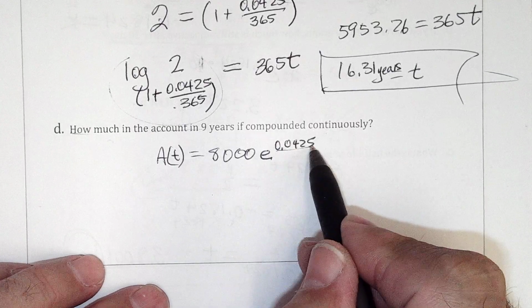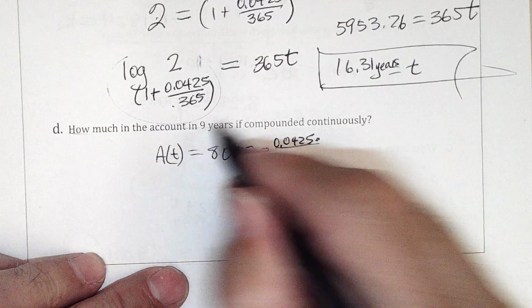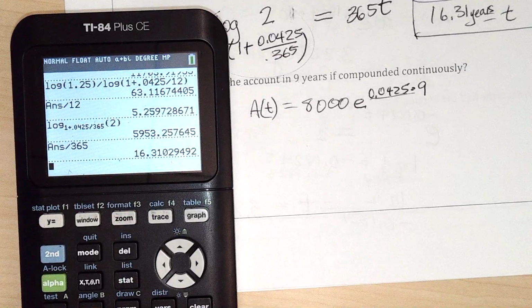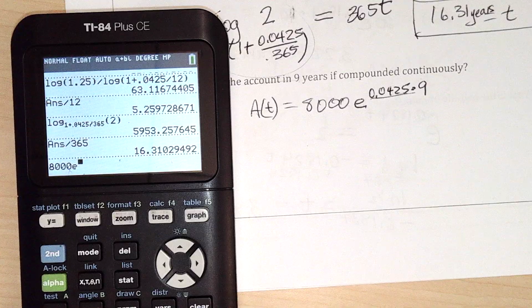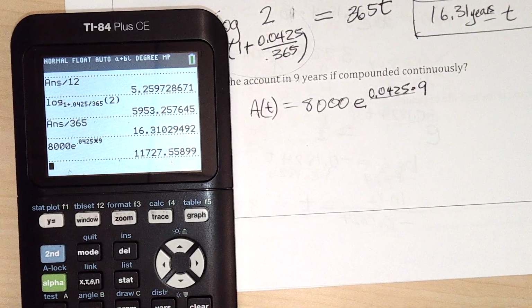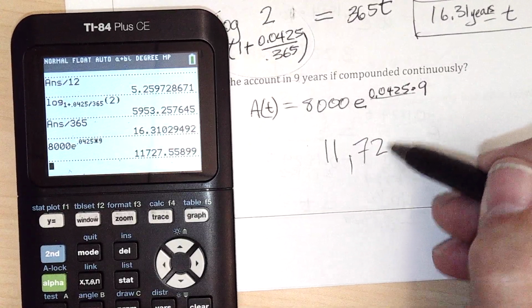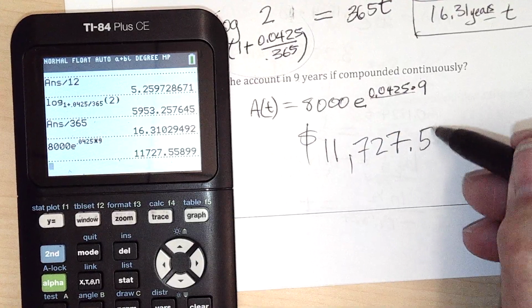We just do the rate of increase to the t times t, which is 9. So this is just type it into the calculator: 8,000 e to the 0.0425 times 9 years, and we get $11,727.56.